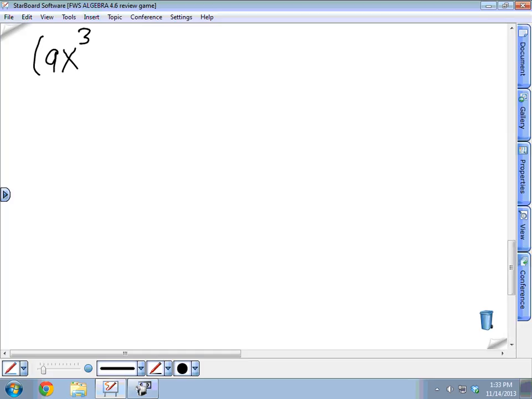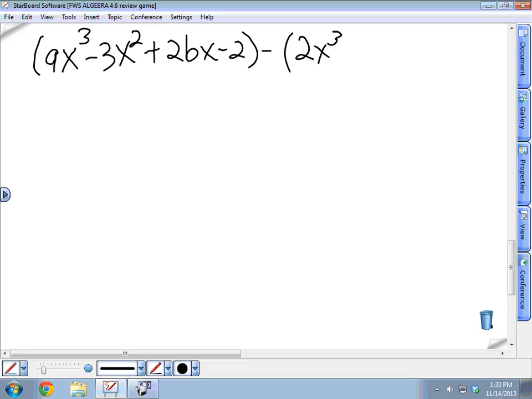ax cubed minus 3x squared plus 2bx minus 2, minus 2x cubed minus cx squared minus 5x minus 4d.